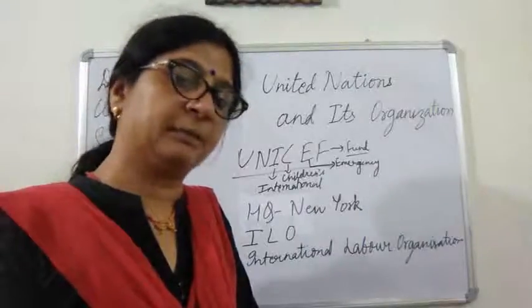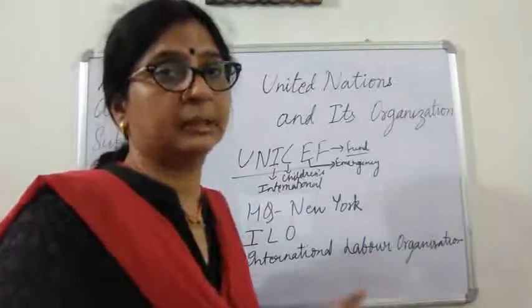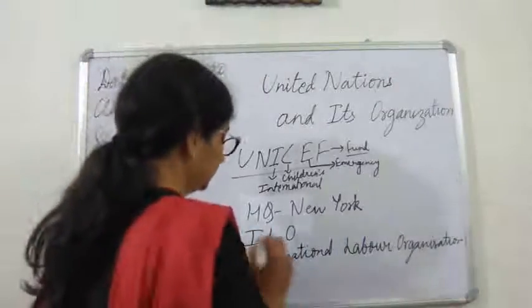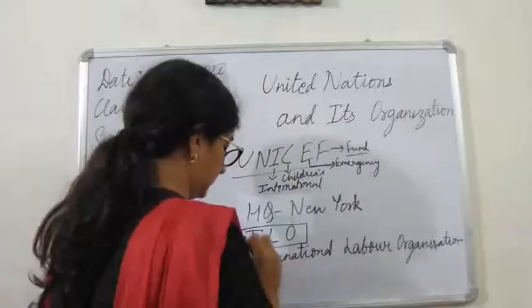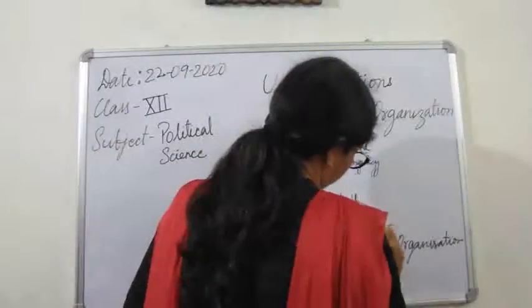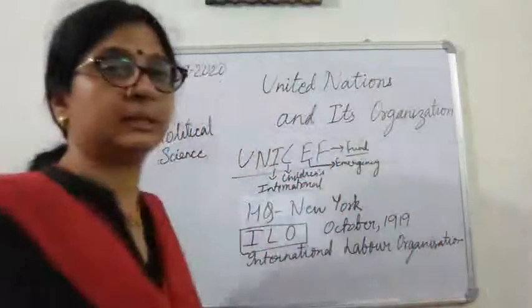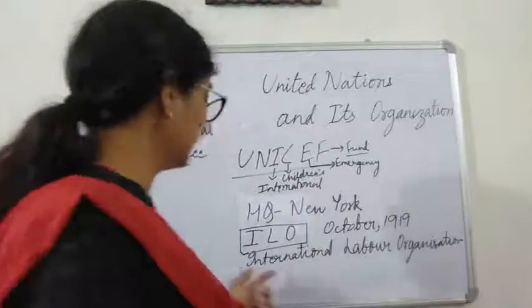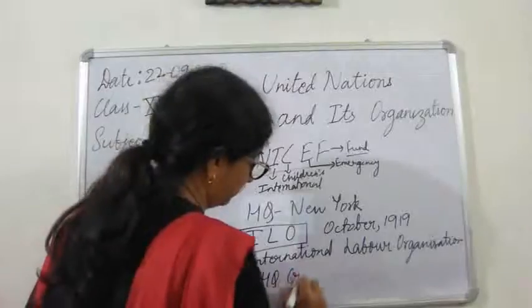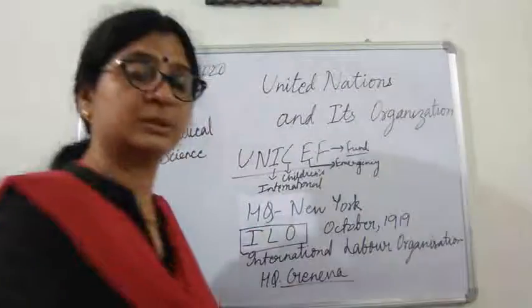and for that purpose this ILO was founded, October 1919 में ही ये जो इंटरनेशनल लेबर ऑर्गेनाइजेशन है, it came into existence in October 1919, and its headquarters is in Geneva, and Geneva is in Switzerland.